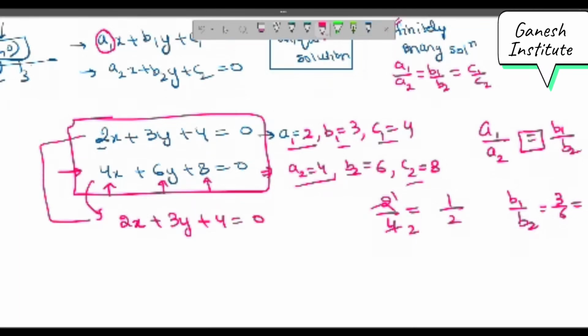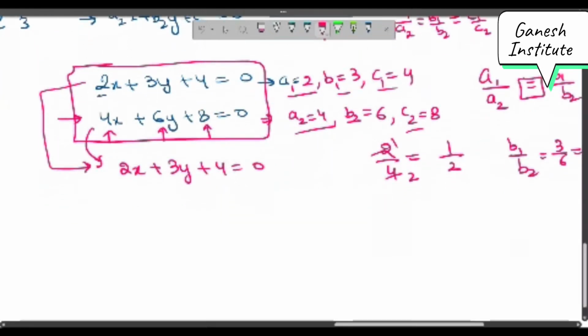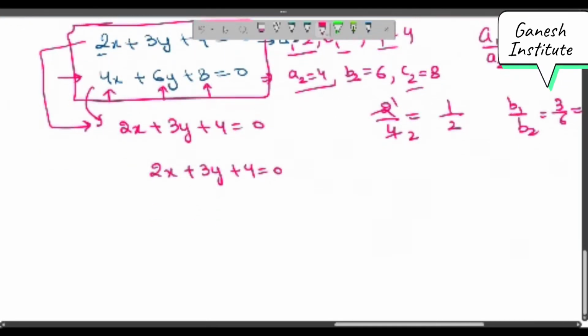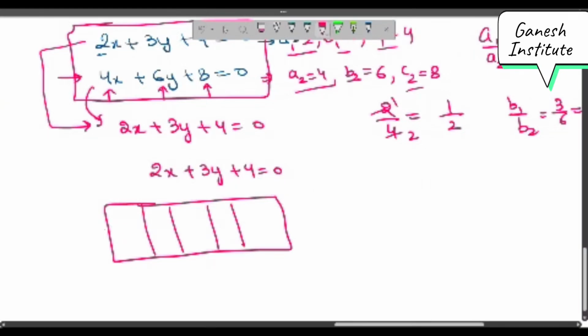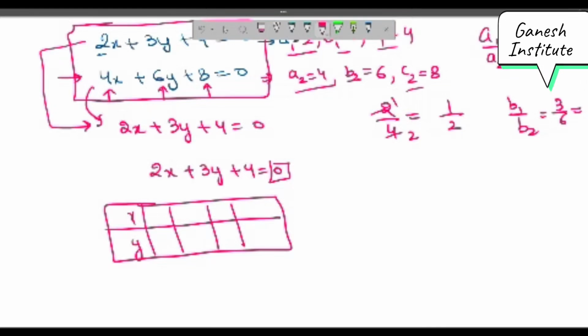Yes. Which is nothing but the first equation only. So if I have only one equation, and I want to find out its solution, I can try putting down those values in place of x and y, which can give me right hand side as 0, right?